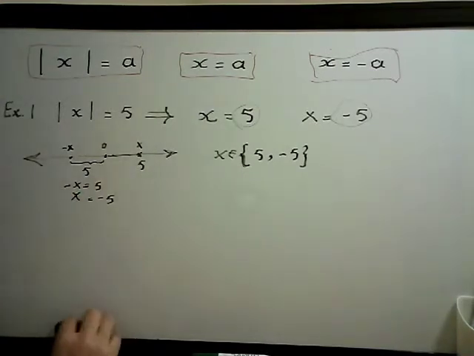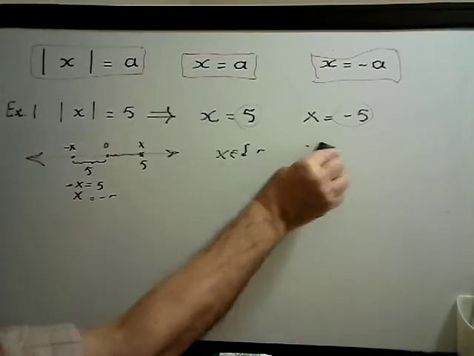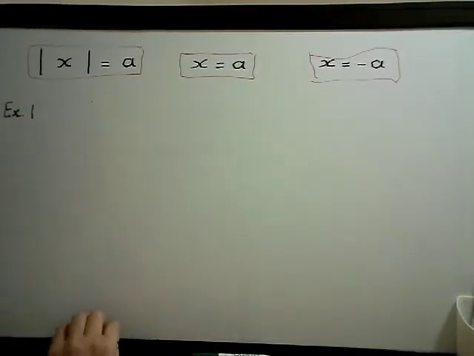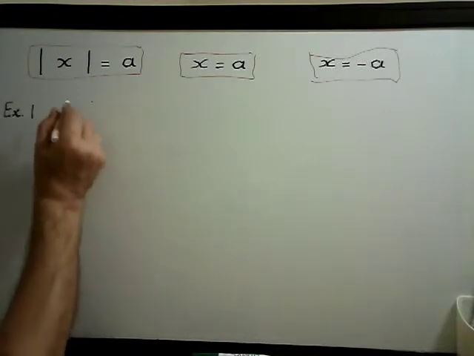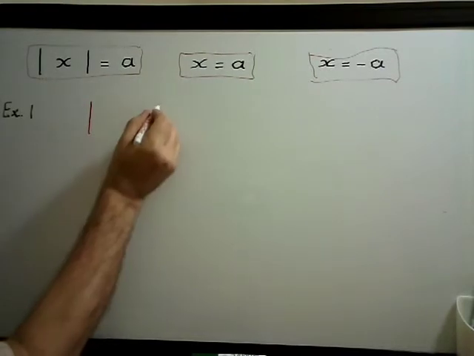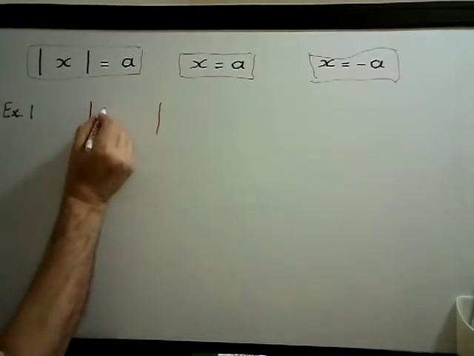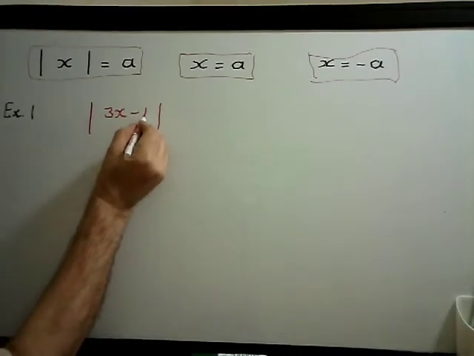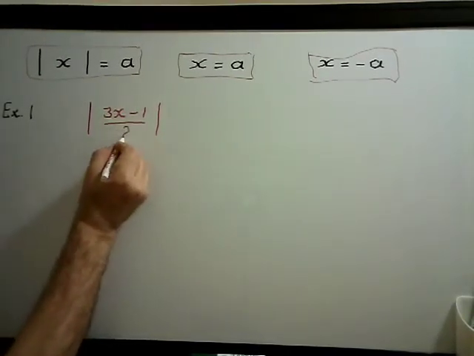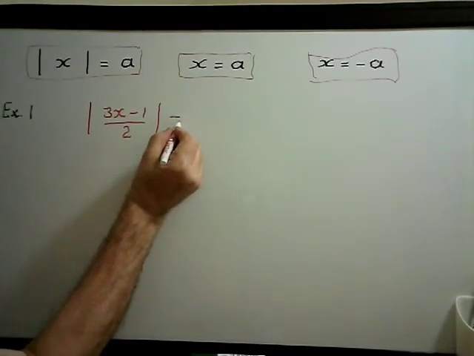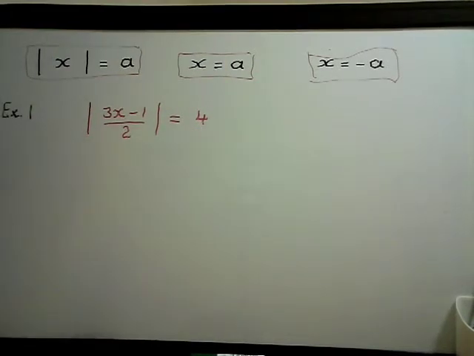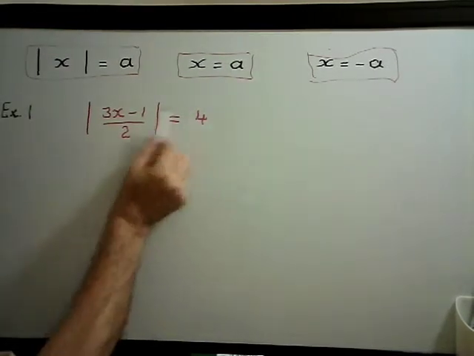Let me get another example. Consider the absolute value of 3x minus 1 divided by 2 is equal 4. So we split this into two equations.